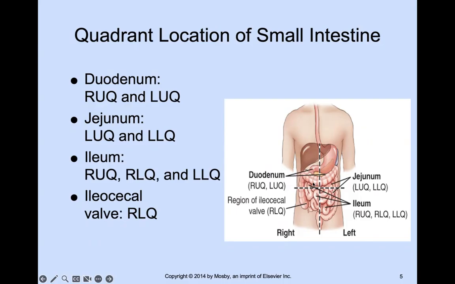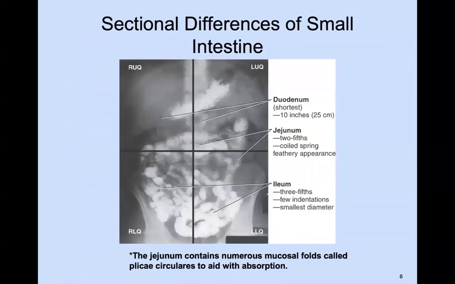So the duodenum is located in the right upper quadrant and some of the left upper quadrant as well. It goes into the jejunum, which is located in the left upper quadrant, coming down into the left lower, connecting to the ileum in the right lower quadrant, okay, going up into the right upper quadrant as well. So it's very important that you know where these different parts of the small intestine and large intestine are located.